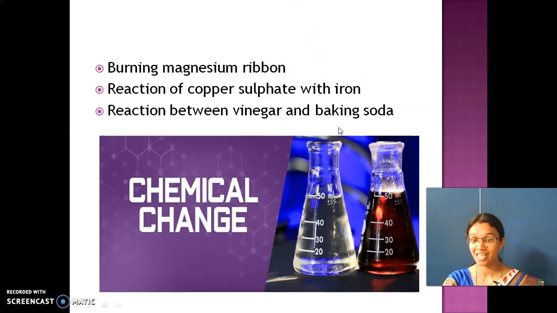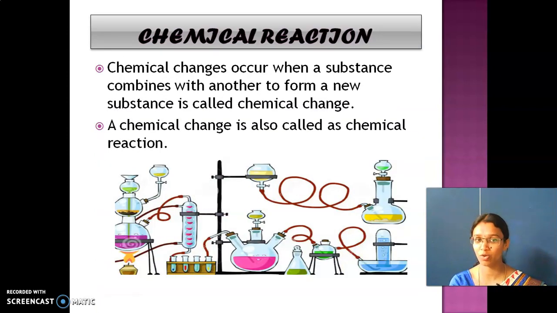So these 3 are examples of chemical change. I have taught you these 3 activities as examples for chemical change. Up to this you are clear children? Shall we go to the next?